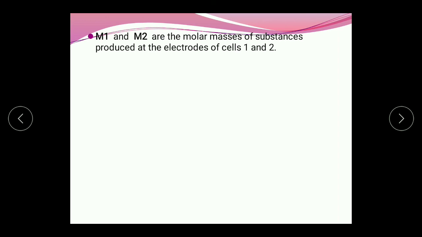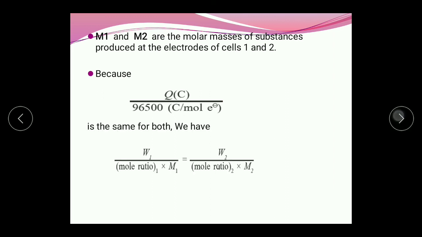What are M1 and M2? They are the molar masses of the substances produced at the electrodes of cell 1 and cell 2. We know the molar masses, they are fixed. As M1 and M2 are known and Q upon 96,500 is the same for both, W1 upon mole ratio 1 into M1 equals W2 upon mole ratio 2 into M2.